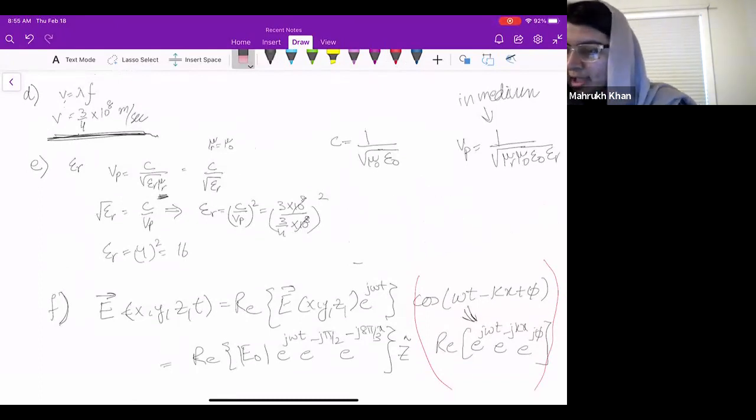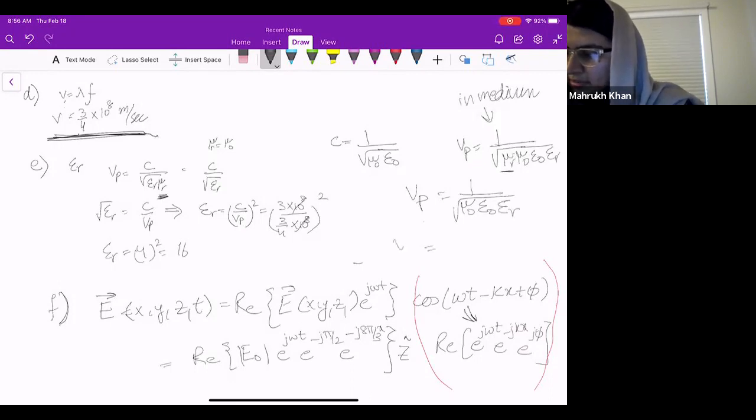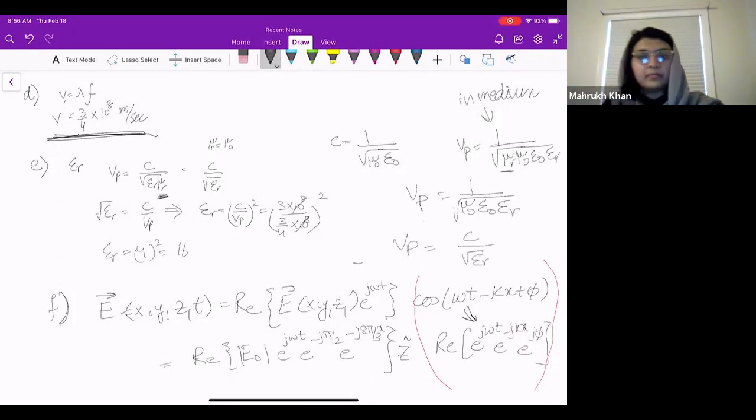When you have mu r equal to mu naught, then it will reduce to mu naught, epsilon naught. You do not have to write mu r because it's already equal to mu naught. So it will become this, and when it becomes this, it will become c by square root of epsilon r.